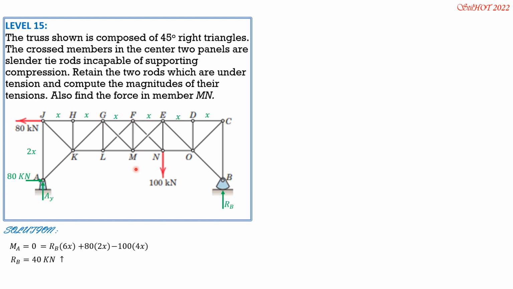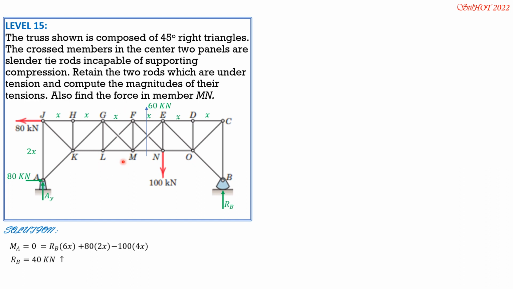So if we section this panel here, then this should be 60. The shear force of all these inclined members is 60, except the horizontal members which have no vertical component. So that should be 60, so that it will be in equilibrium. 40 plus 60 minus 100 is 0, so that's why it should be 60.